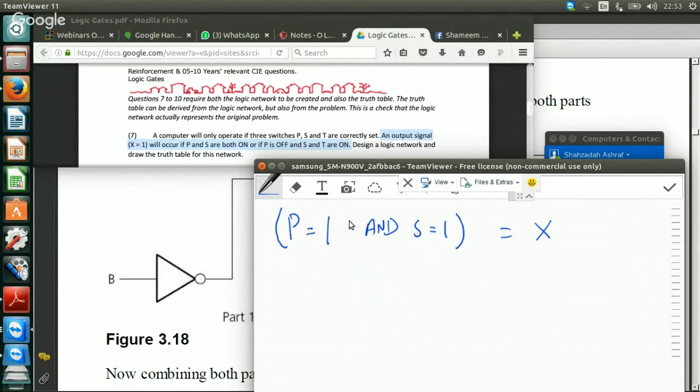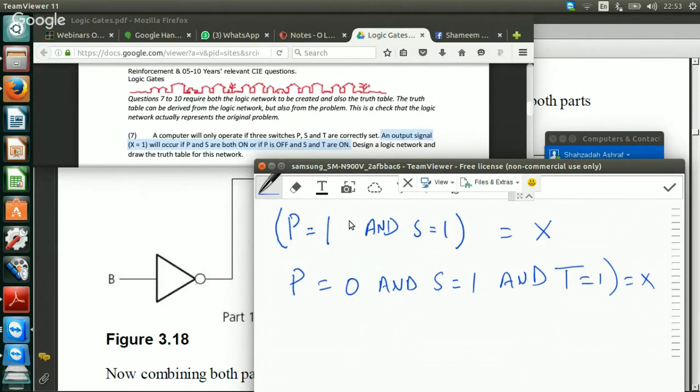If P is off and S and T are on, S is equal to 1, S and T both are on, so both are 1. So this is the second condition.